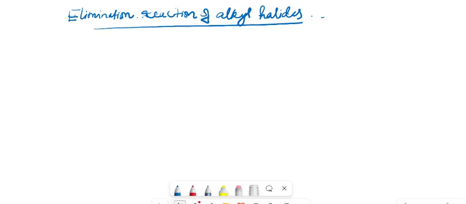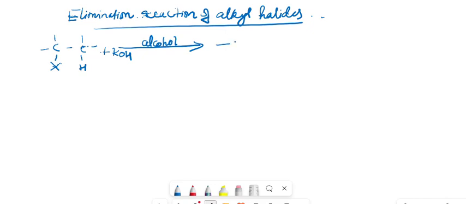So, if we can represent it in general, one alkyl halide, X is representing the halogen, and here there is one hydrogen. In the presence of base like KOH and alcohol, it gives alkene plus potassium halide plus H2O.